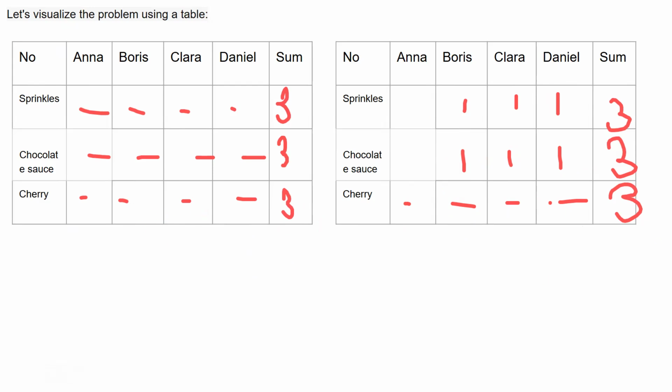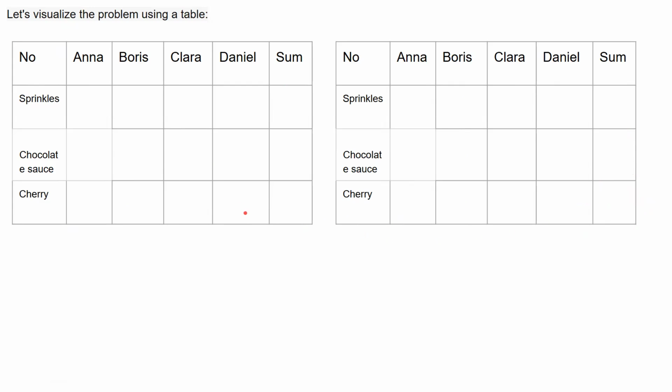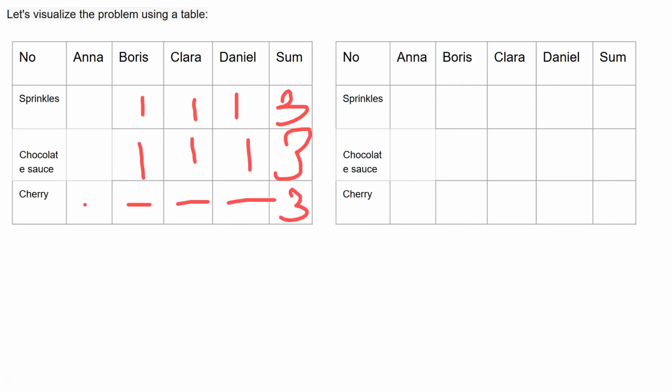We know that the sum of people who chose cherry on top is 3. So let us again map it. We have here 1, 1, 1, and 1, 1, 1, blank, blank, blank, 3, blank.